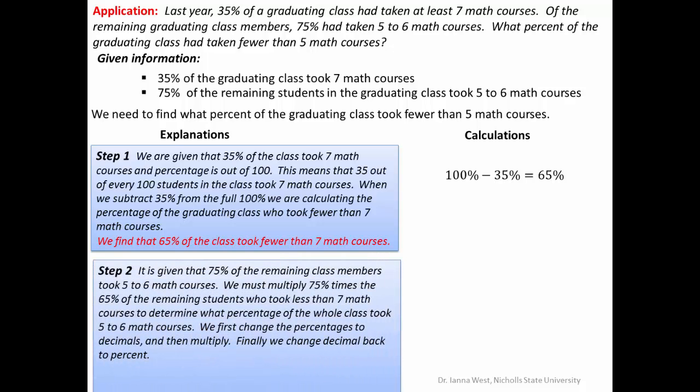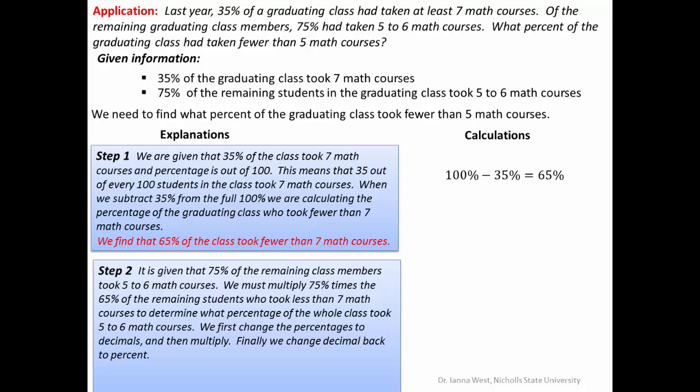Step 2. It is given that 75% of the remaining class members took 5 to 6 math courses. We must multiply 75% times the 65% of the remaining students who took less than 7 math courses to determine what percentage of the whole class took 5 to 6 math courses.